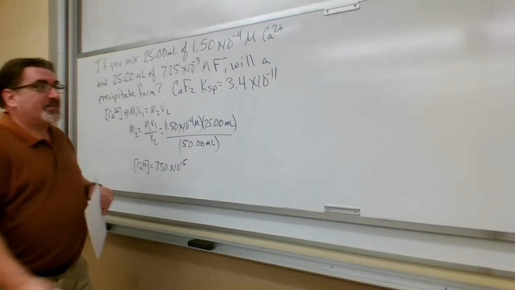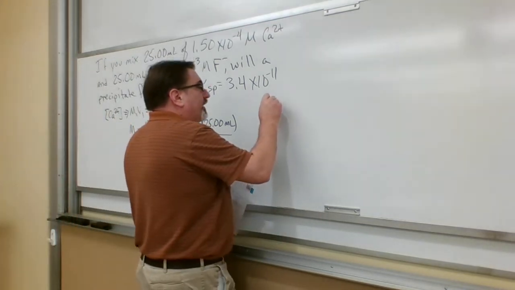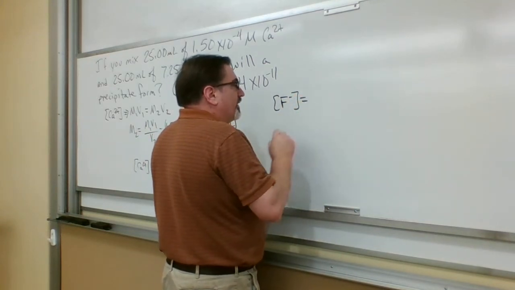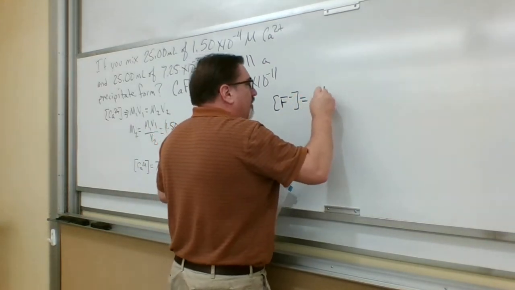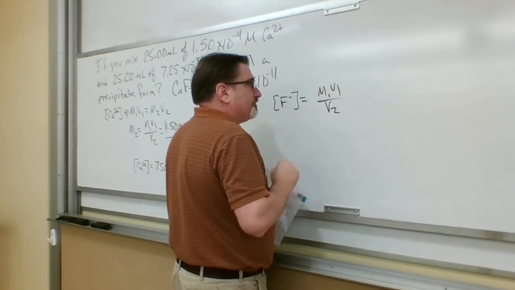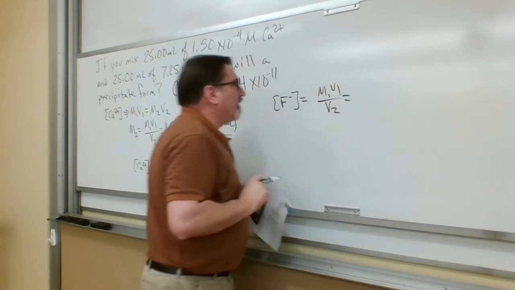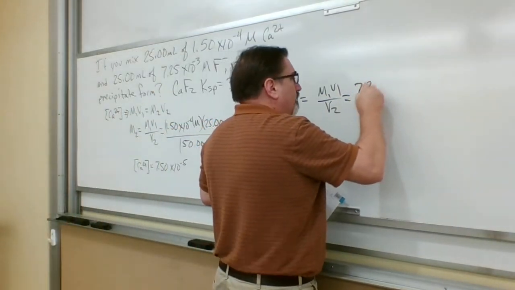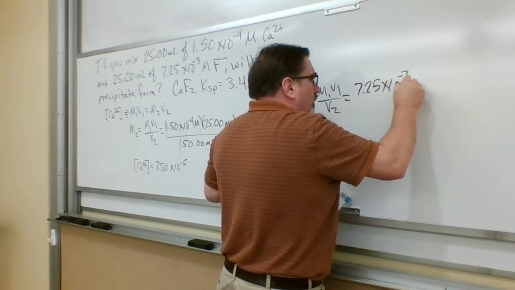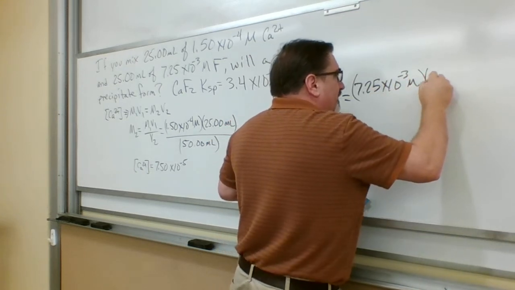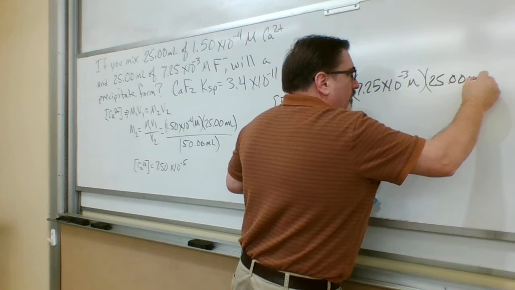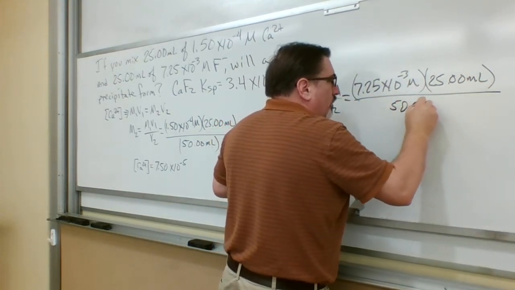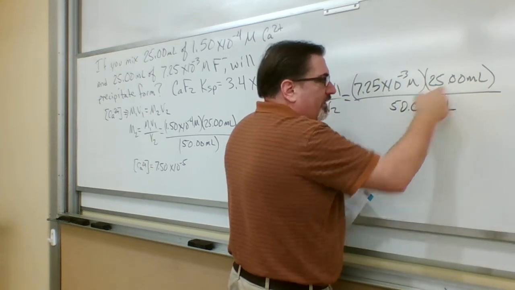And then we repeat the same thing for fluoride ion. M1V1 equals M2V2, it's the same calculation, M1V1 over V2. So we plug in what we know for fluoride. Fluoride was 7.25 times 10 to the minus third molar, and we did 25 mL of that into 50 mL, initial volume, final volume.